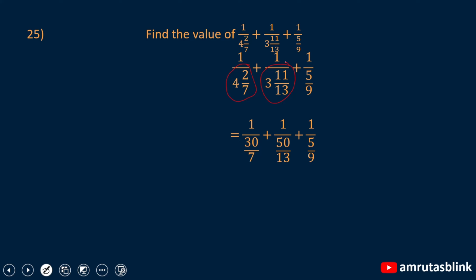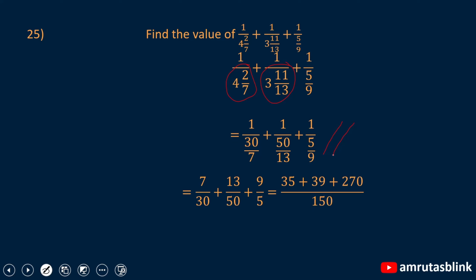So we have 1 divided by 50 upon 13 and 1 divided by 5 by 9 as it is. Now all these 3 fractions have fractions in their denominator. So we will convert them to regular fractions. That is, we will have 7 upon 30 plus 13 upon 50 plus 9 upon 5.